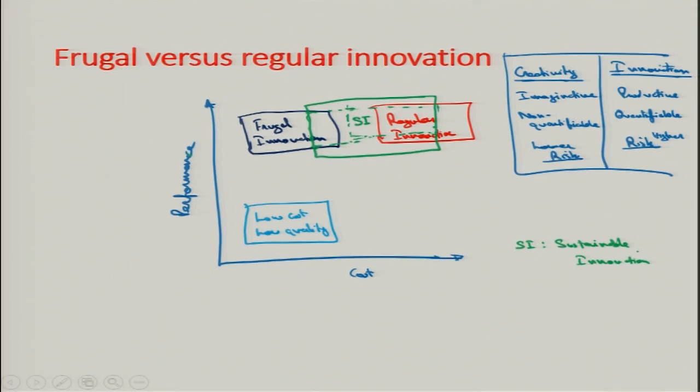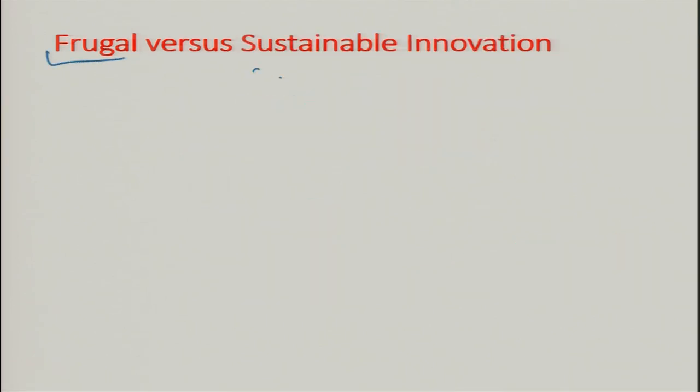Now, frugal innovation exhibits three important sustainable properties. Number one, the ability to repair in case of failure. Second is recovery of end-of-life components.